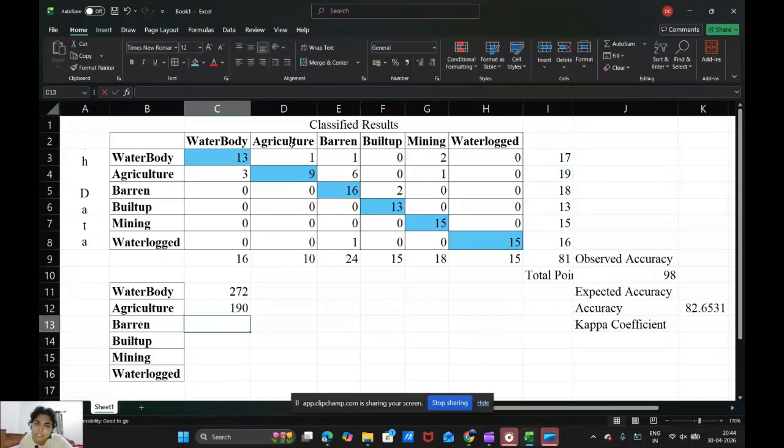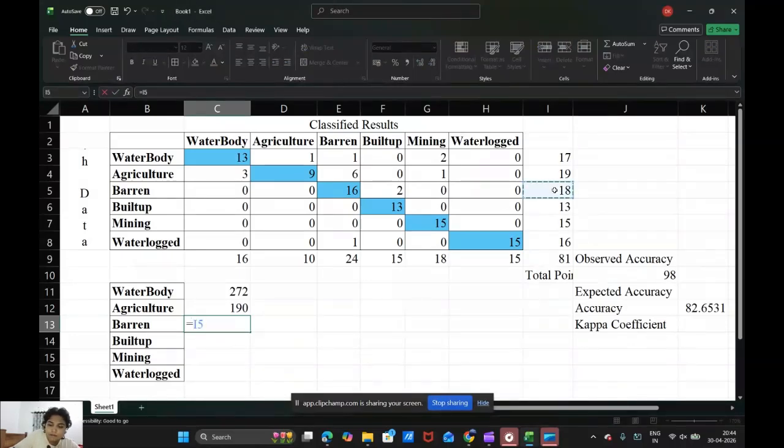The column total is the classified result total, and this is the ground truth total. So the ground truth total is multiplied by the classified results. Tell me if you are understanding what I'm doing, at least the arithmetic. So it is 18 multiplied.